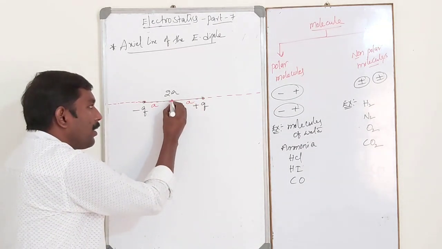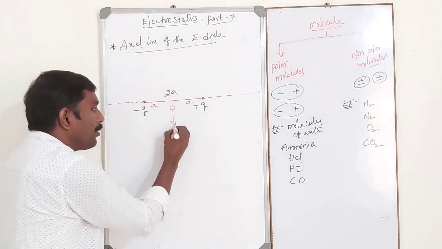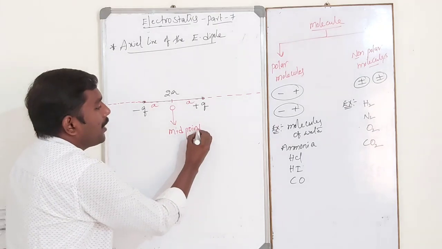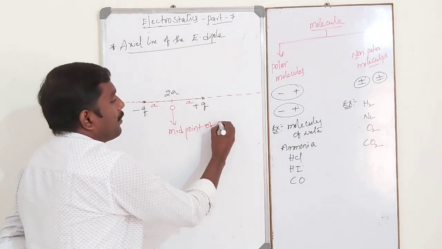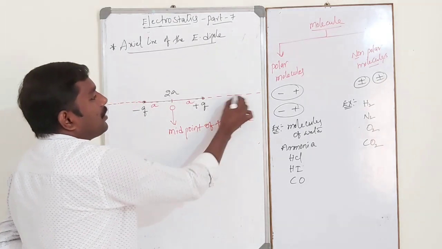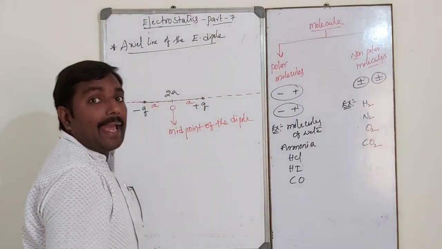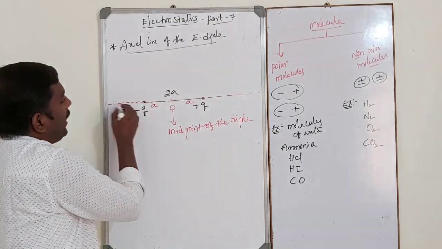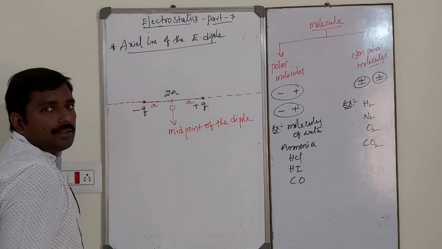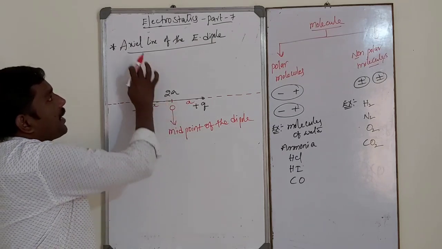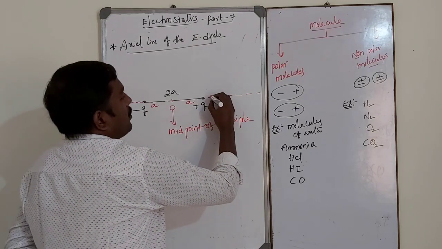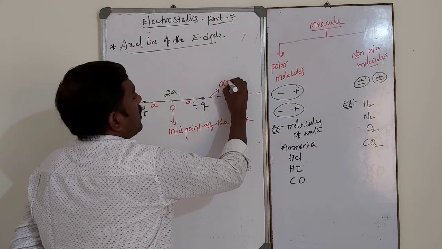This is the midpoint of the dipole. This is what? Axial line of the dipole. The line joining the two charges extended on both sides is called axial line of the dipole. Very most important. Okay, students, this is an axial line.